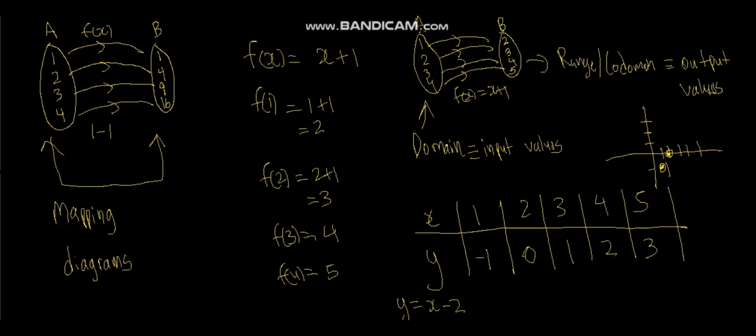Now when x is 3, y is 1, we will get here. When x is 4, y is 2, we get here. Not drawn to scale, but if drawn to scale with a ruler, you get it exact. When x is 5, y is 3, that is here.